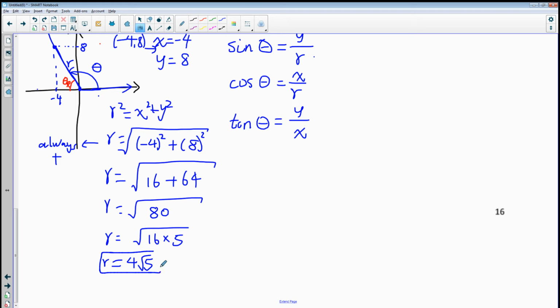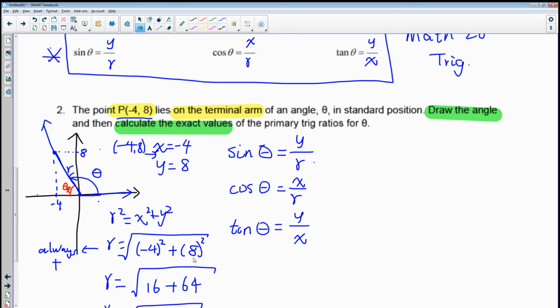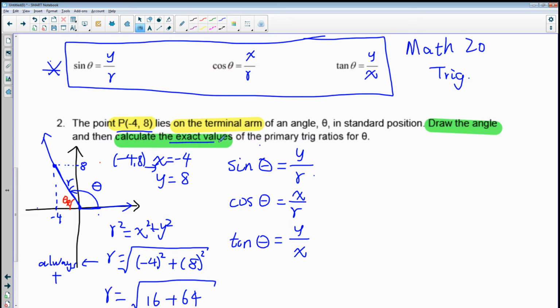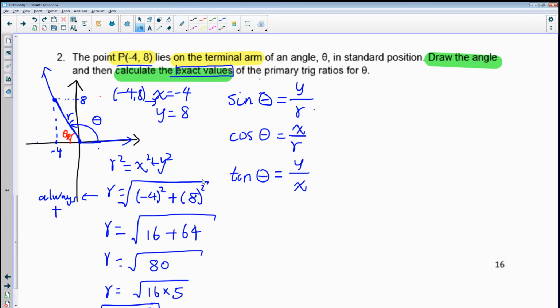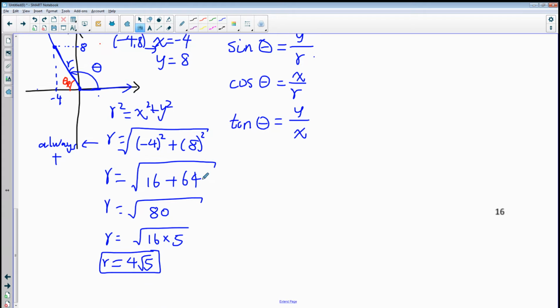So r is 4 root 5. Remember, exact values: when I say exact value anywhere in the question, I will not accept decimals or rounded values as an answer. I want the square roots and the pies kept in the answer. So r is equal to 4 square root of 5.